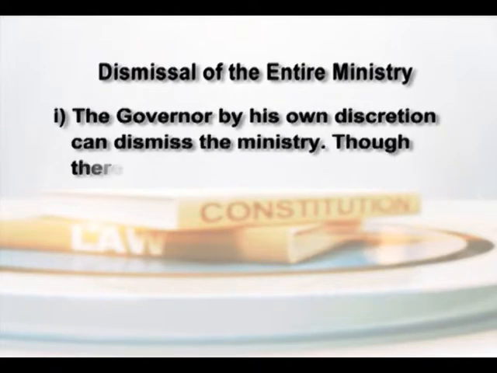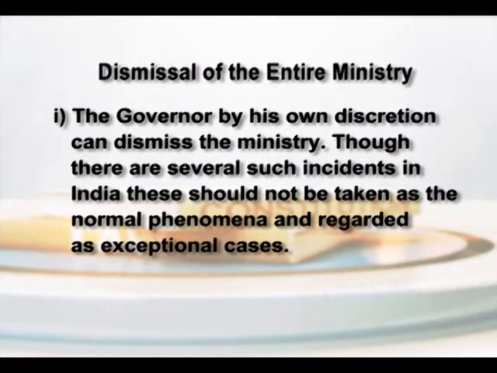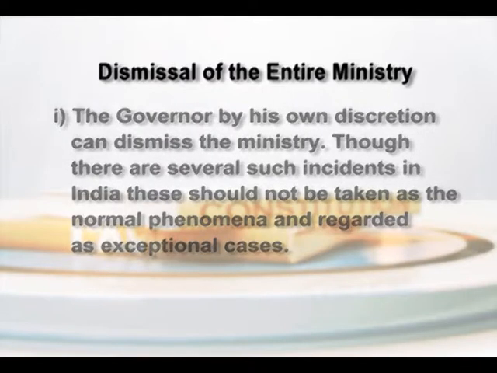Firstly, the governor by his own discretion can dismiss the ministry. Several incidents can be noted in the constitutional history of India. But even then, such incidents should not be taken as the normal phenomena and should be regarded as exceptional cases.